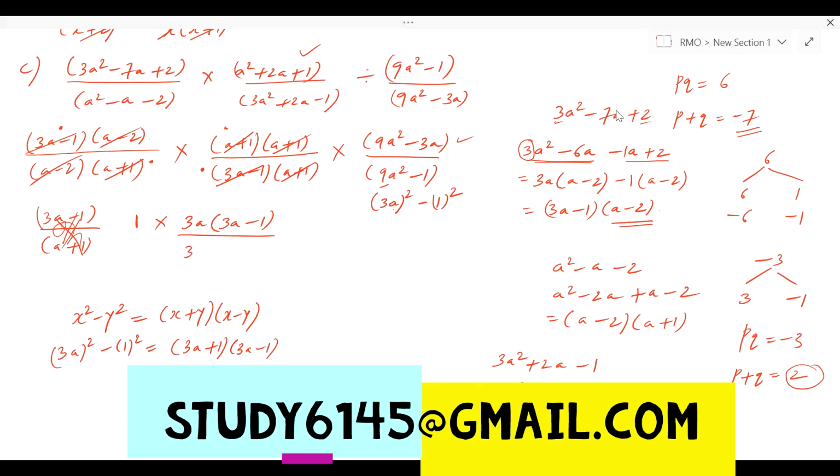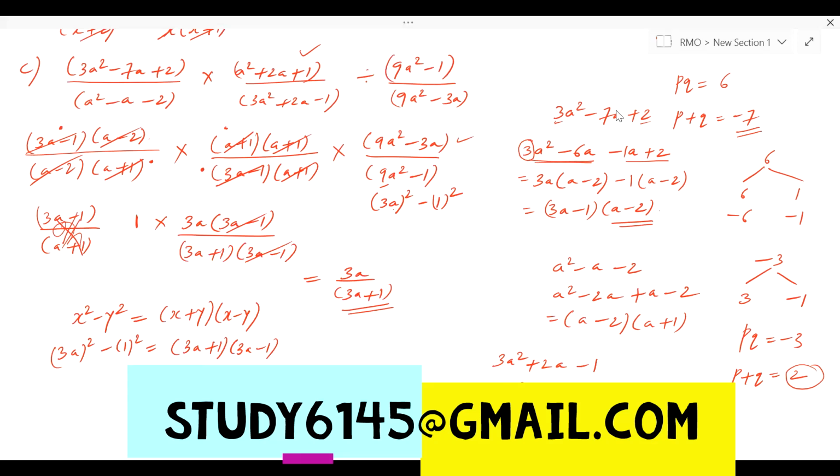So we will write 3a plus 1 and 3a minus 1. What should be the next step? Okay, now we can cancel out again. So 3a minus 1 and 3a minus 1. Good. Now we are left with 1 times 3a over 3a plus 1. 3a over 3a plus 1. This is our final answer. We can't simplify this further, no?